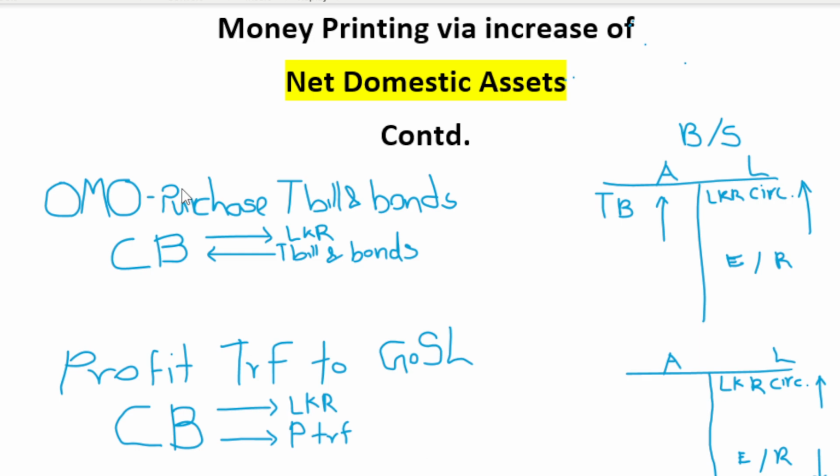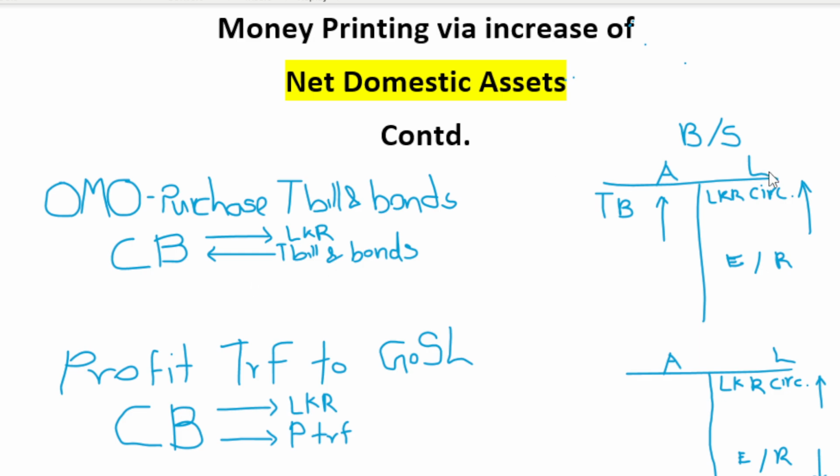When central bank does open market operations, meaning purchase of T-bills and T-bonds, it will be releasing LKR, and central bank accumulates treasury bills and bonds holding.